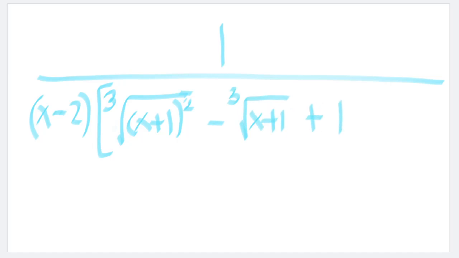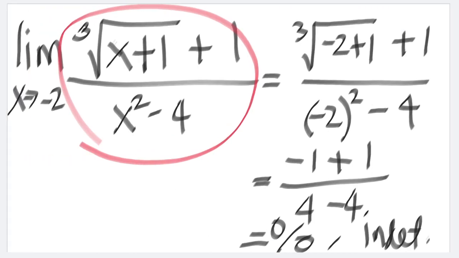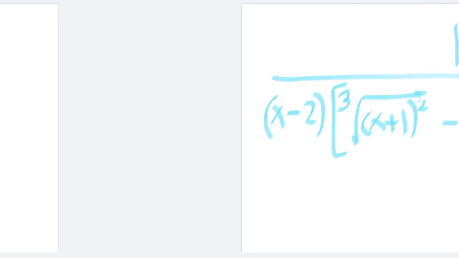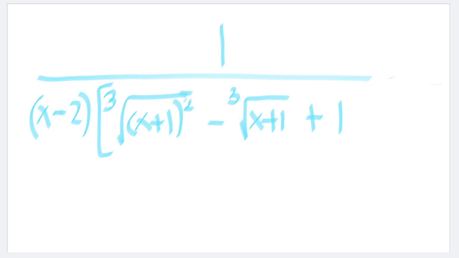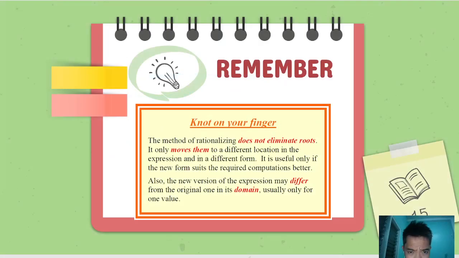So this is the resulting equation of this function. As you can see, the resulting equation became somewhat complicated. You just have to remember that the method of rationalizing does not eliminate roots.